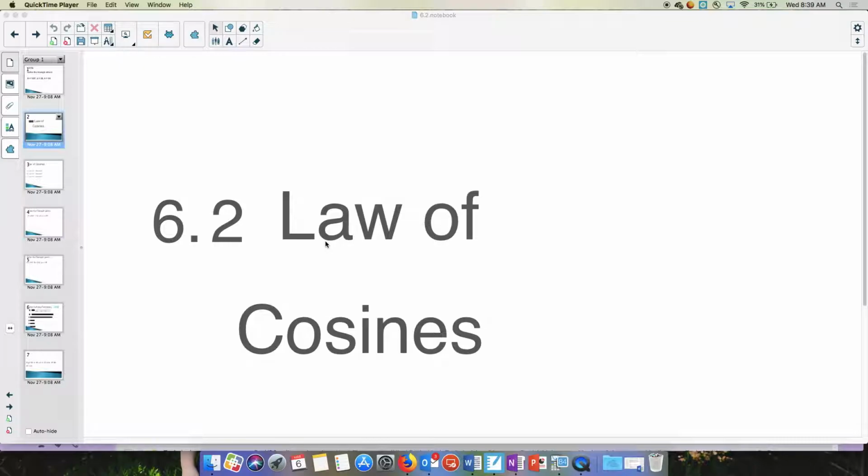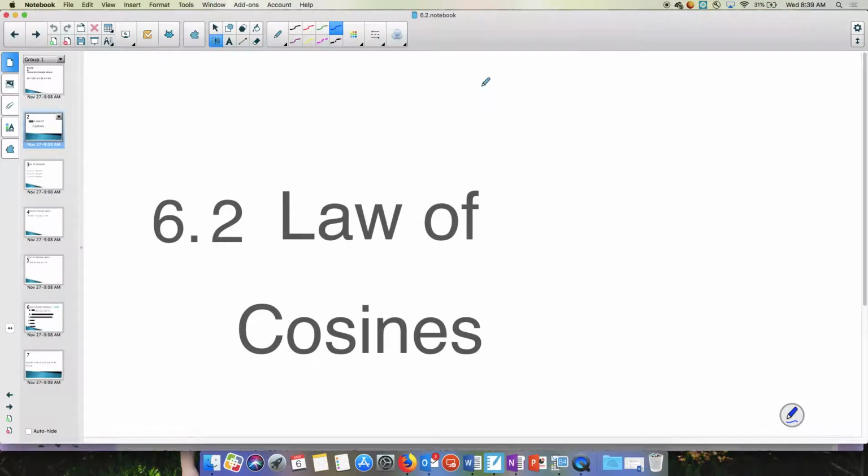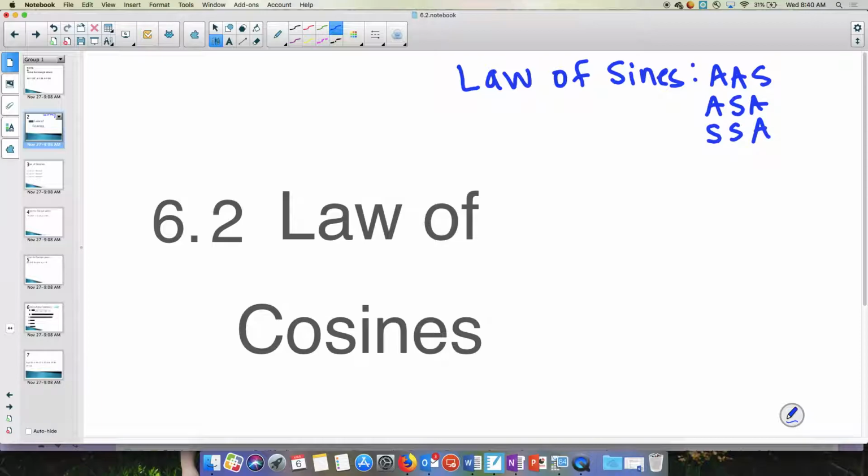Okay, now let's just recap really quick. The law of sines we used when we had angle, angle, side, or angle, side, angle. Now that we're in the law of cosines, what's one that's missing?